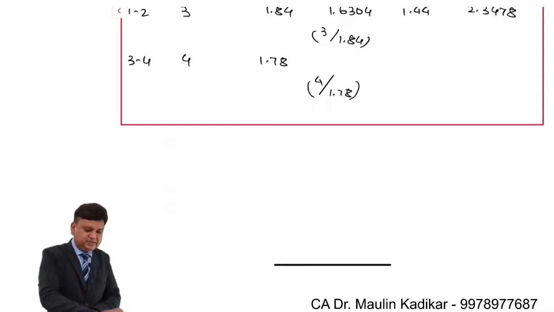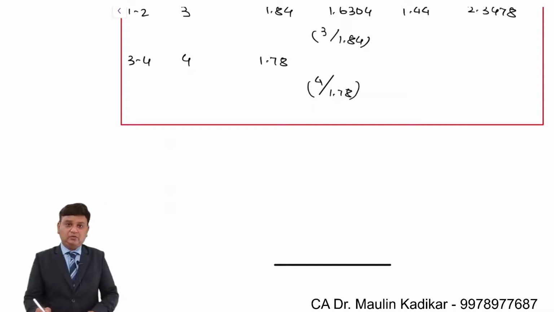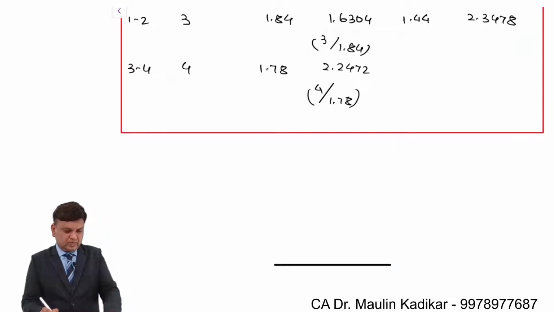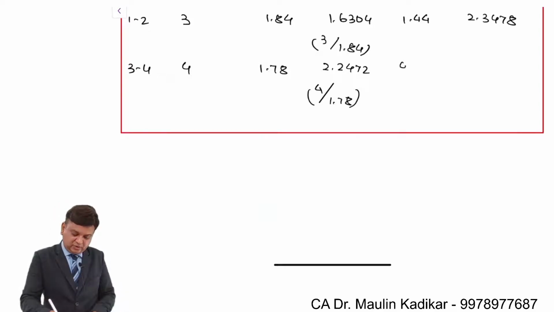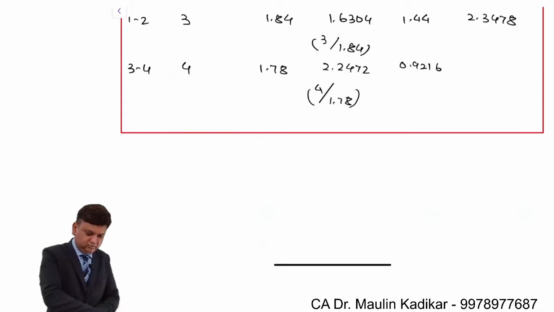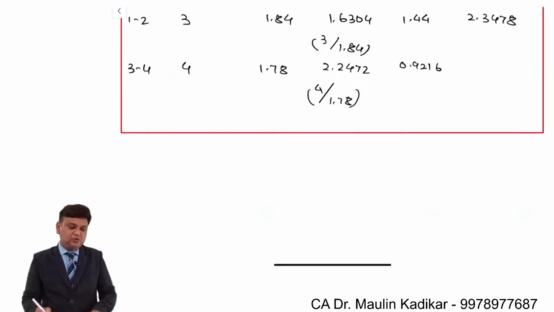Four divided by 1.78, 2.2472. .512 plus 0.4096, 0.9216. So it is 2.0710.